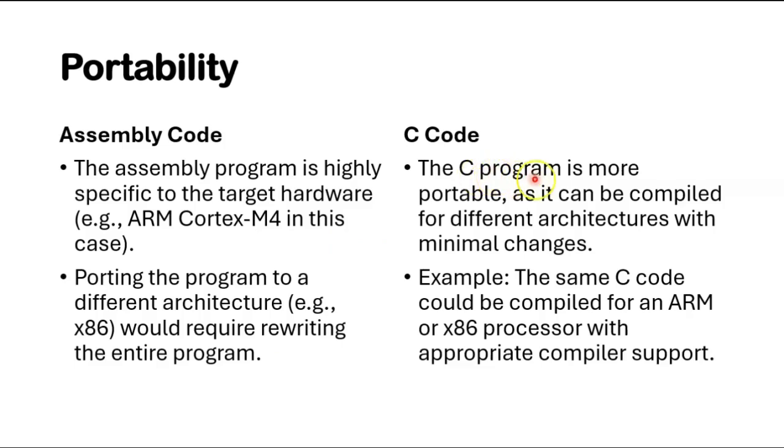The C program is more portable, as it can be compiled for a different architecture with minimal changes. For example, the same C code could be compiled for an ARM or x86 processor with appropriate compiler support.